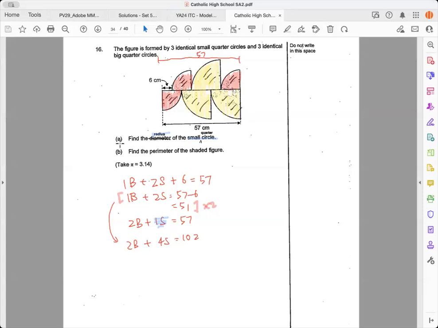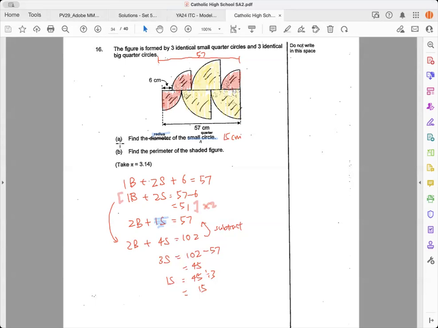Now I can subtract. On the left side, I'll be left with 3 small quarter radius. And on the right side, I get 102 minus 57, 45. So one small quarter radius will be 45 divided by 3, 15. So that's the answer for part A, 15 cm.